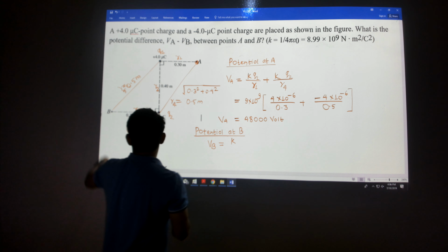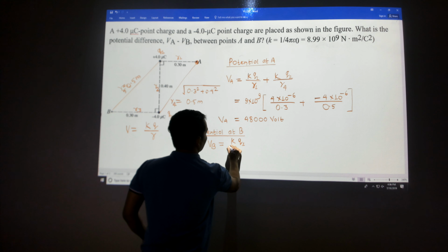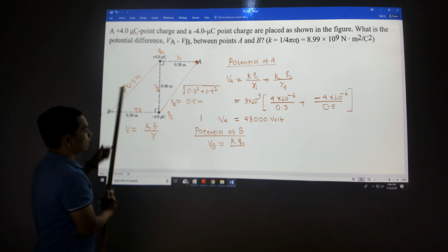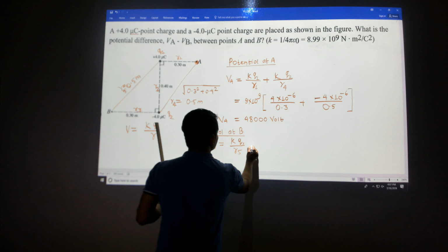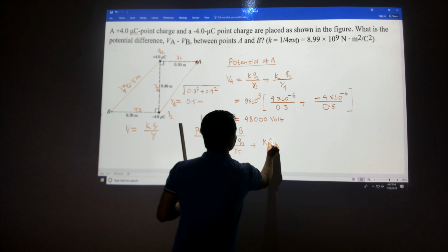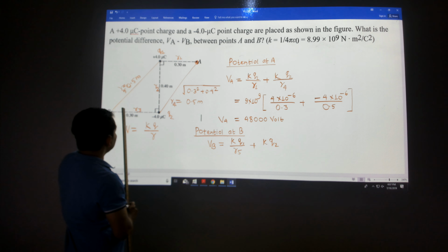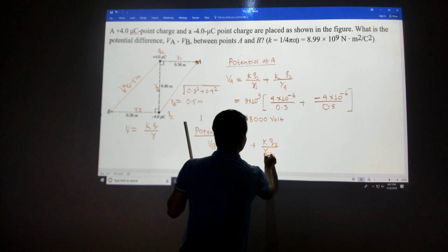K at this point, Q1, and the distance from Q1 to this point is R5, plus KQ2. From this point to point B, the distance is R3.